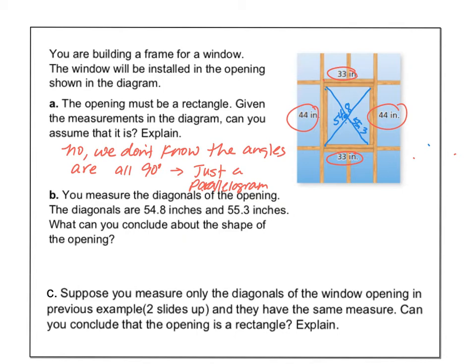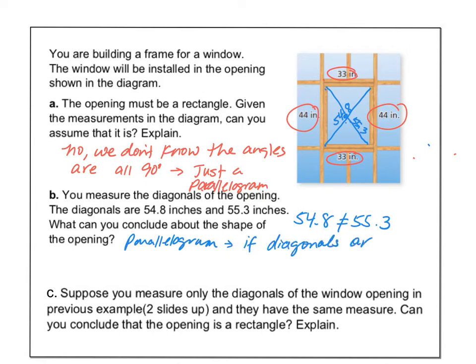Well, we know that a rectangle's diagonals are congruent, and 54.8 is not equal to 55.3, so we can conclude that it's just a parallelogram. So if diagonals are not congruent, then it's not a rectangle.